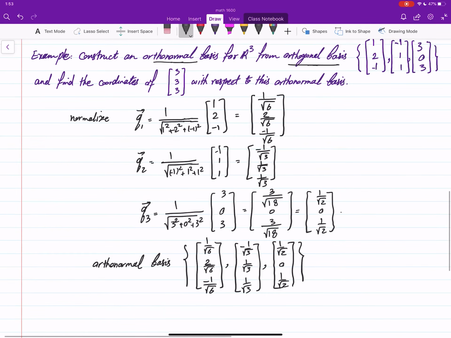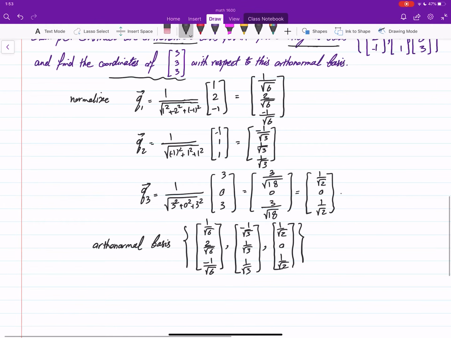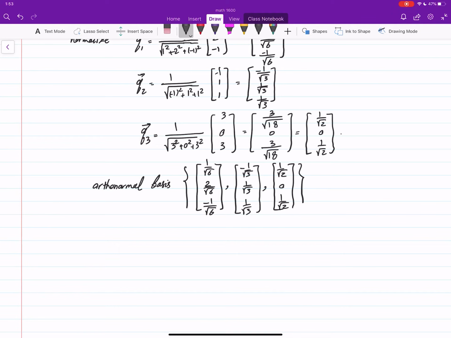Now that I have an orthonormal basis, I can look for, for example, the coordinates of any given vector in that basis. Remember that when we have an orthogonal set of vectors as a basis, we can write any vector as a linear combination of those vectors.